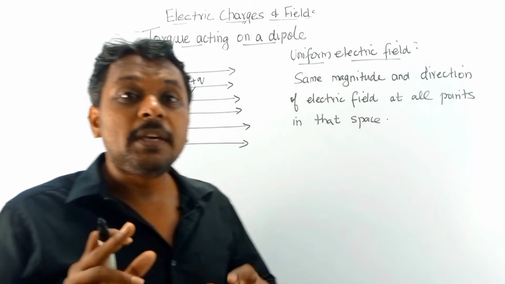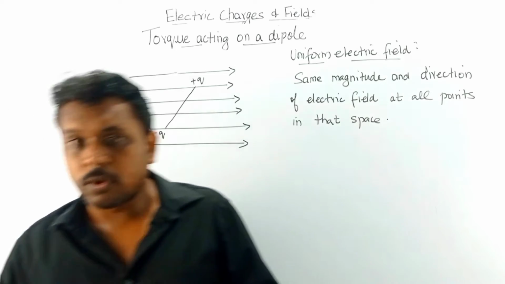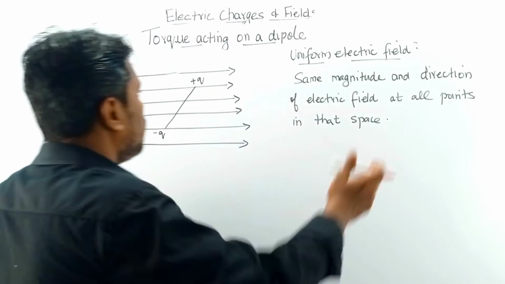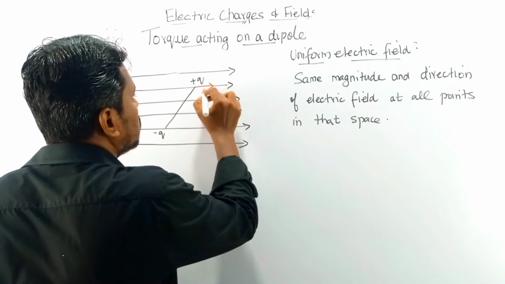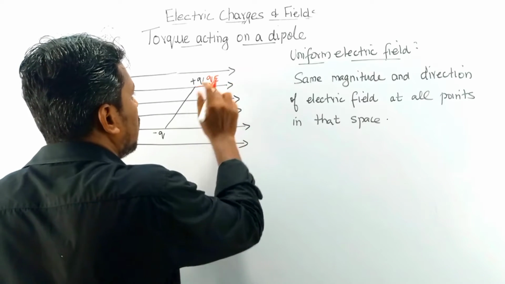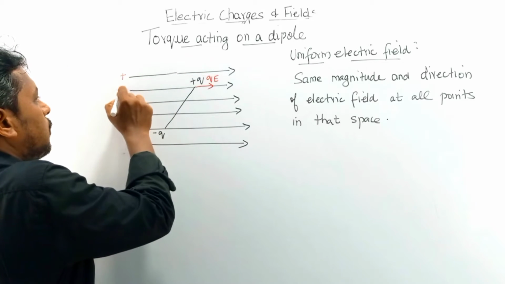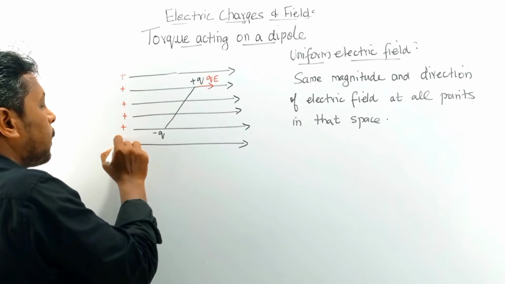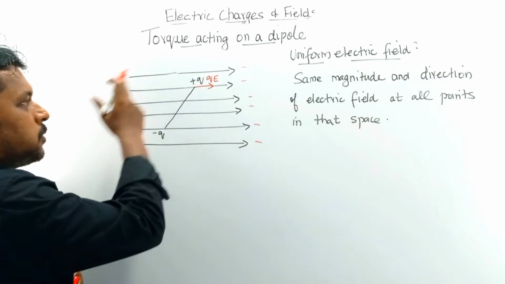The plus q experiences a force and the minus q also experiences a force. What is the magnitude of the force? On plus q, the magnitude of the force in this direction is qE. Why this direction? Because the electric field flows in this direction, from the positive to the negative region.